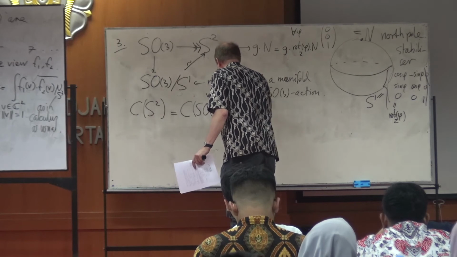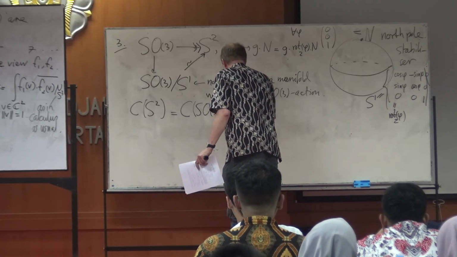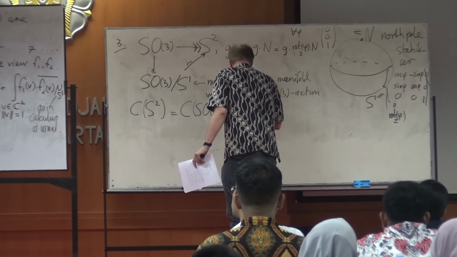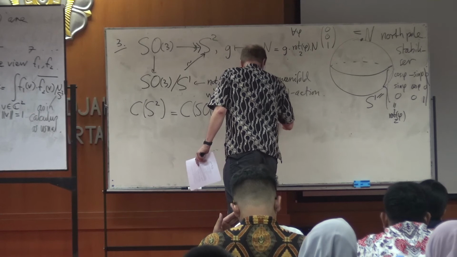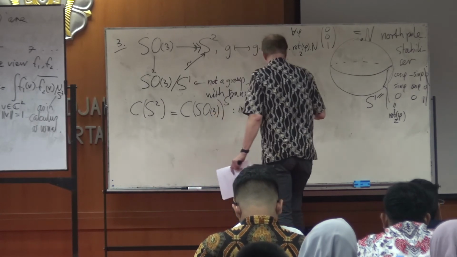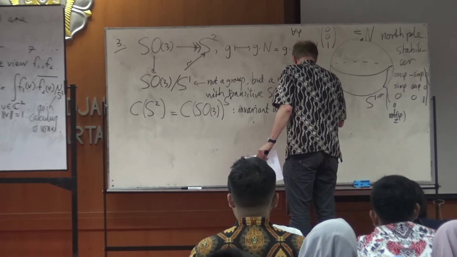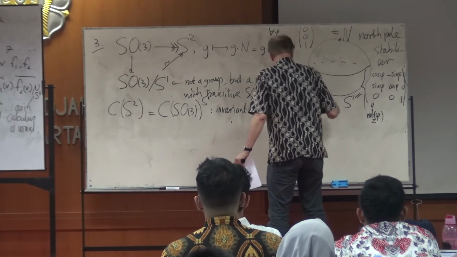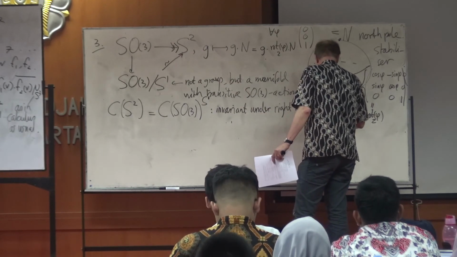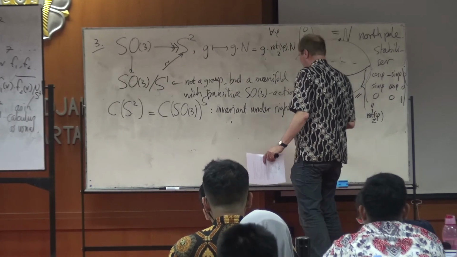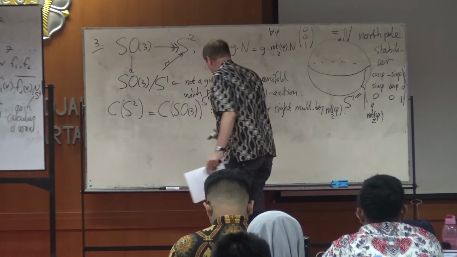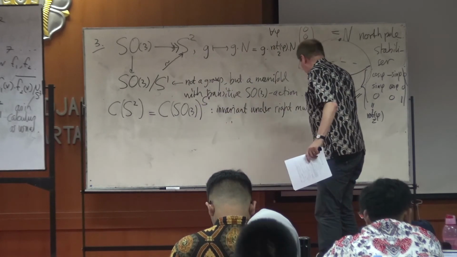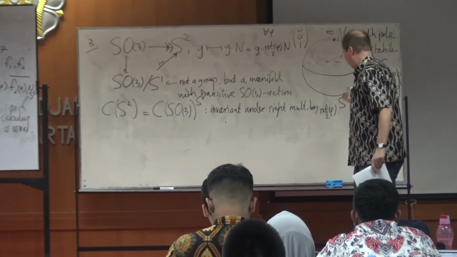So I put S1 here as a superscript to say invariant functions, invariant under right multiplication by these rotations, rotation over phi around the z-axis. So it means functions on SO3 such that f at x is also f at x times such a rotation, for all x and for all these rotations.